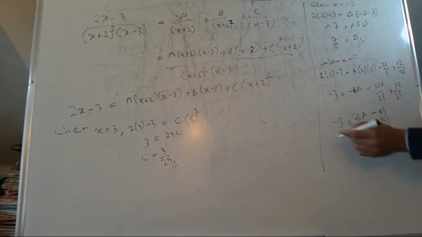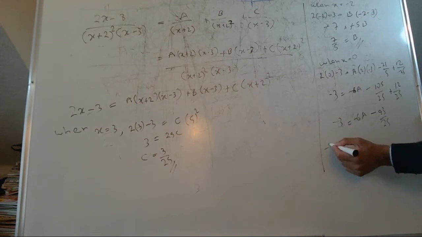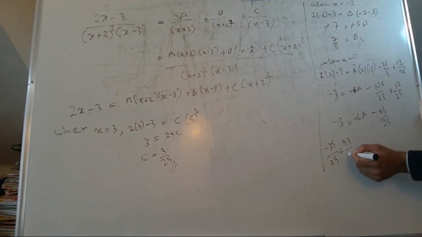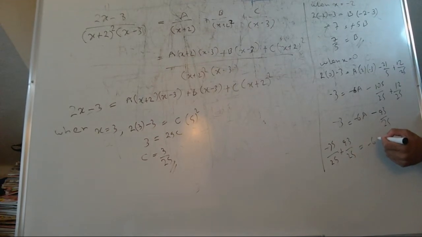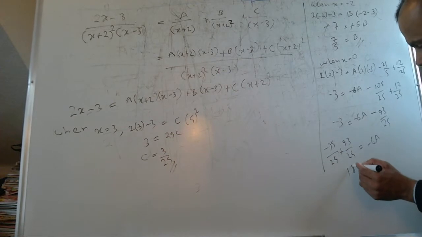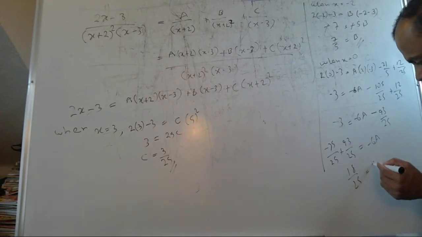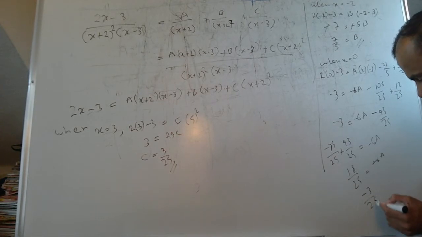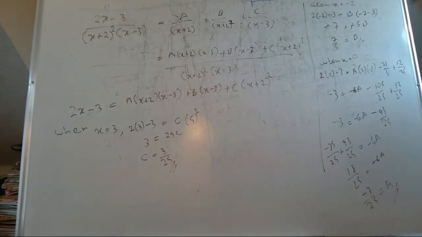So if I add that to that side, let me make that under 25. It will be -75/25 + 93/25 = -6A. Okay, so that is 18/25 = -6A. So if I divide by -6, it becomes -3/25 = A. So there you go, that's your solution.